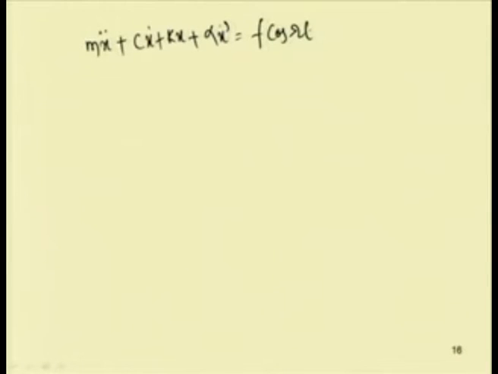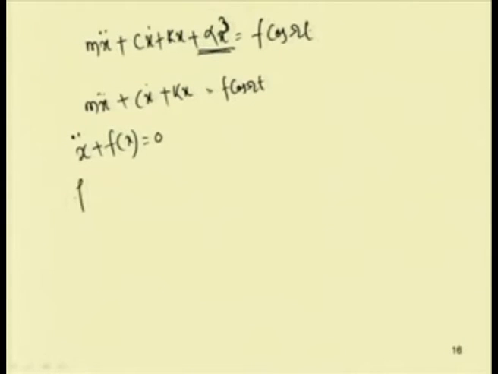For simplicity, if one takes only the linear system, m x double dot plus c x dot plus k x equal to f cos omega t, one can write x double dot plus f x equal to 0, where f x equals f cos omega t minus c x dot minus k x.